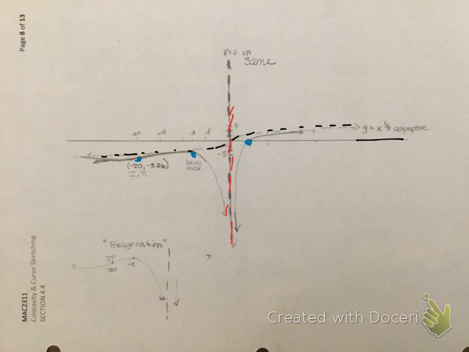So I am increasing from here to here. At the same time, I am concave up until I get to here. Concave up. And then I am concave down all the way to 0.